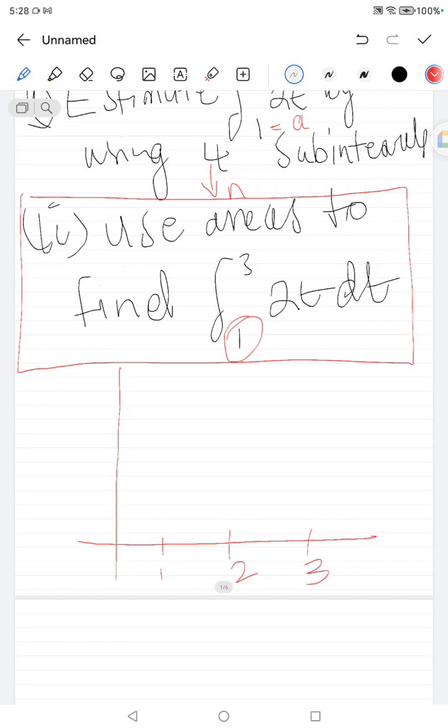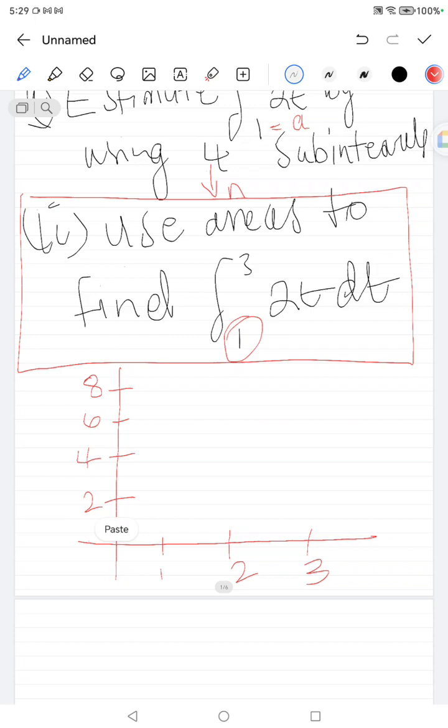Then this side, given a function of 2, we can take it in multiples of 2. You can say we have 2, 4, 6, 8. So we go to this function that you see here of 2t. If we input our x value as 0, we're still going to get a 0.